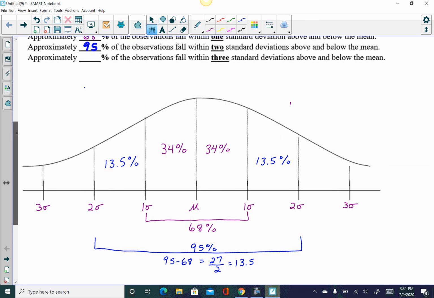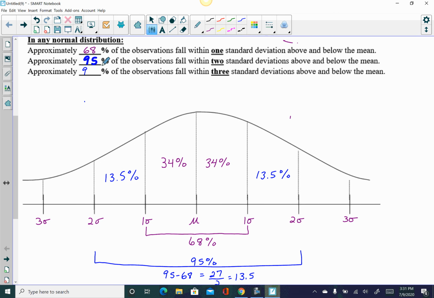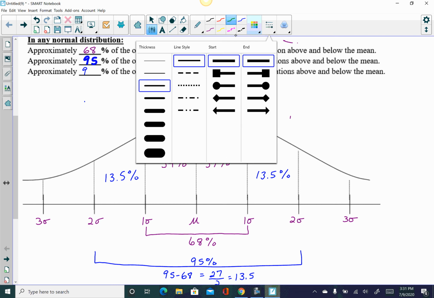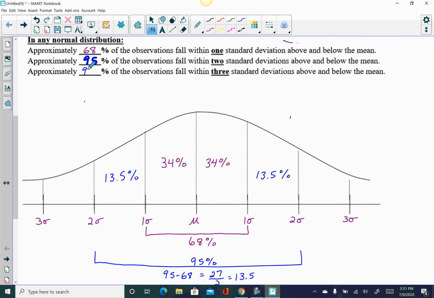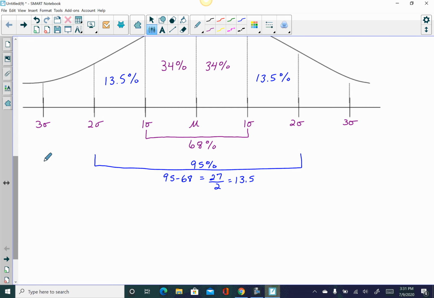99.7. Go back up here. 99.7% of your data falls within 3 standard deviations above and below the mean. So now from here to here represents 99.7% of your data.